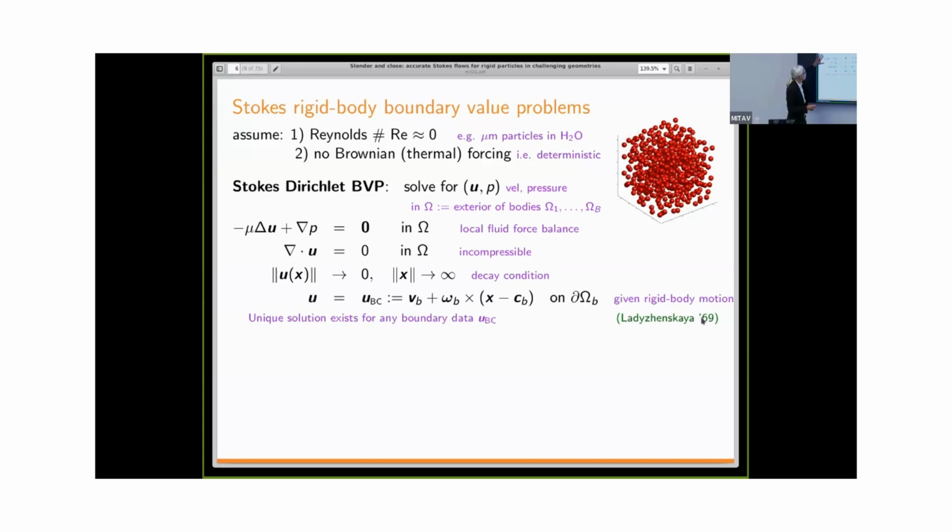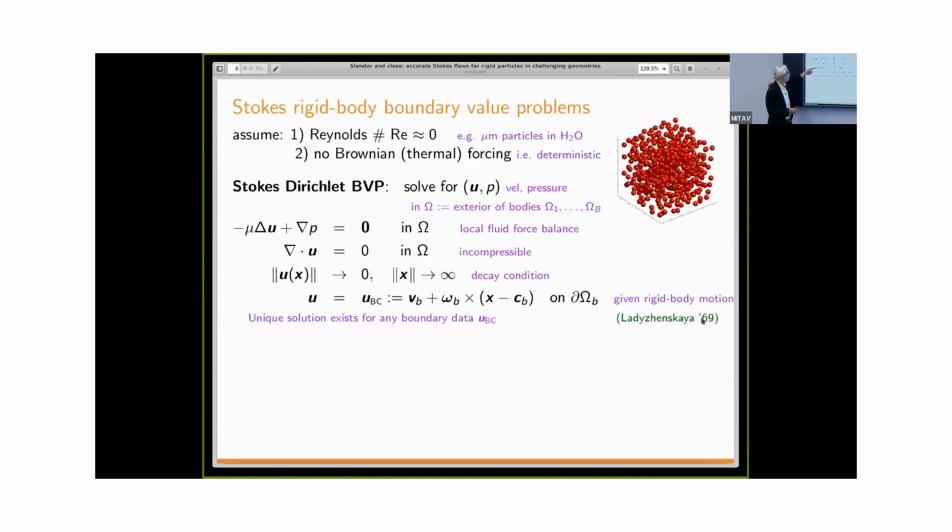So the boundary value problems. We want to solve for the velocity and the pressure. P is the pressure field. U is this vector field for the velocity of the fluid. In the exterior of all of these bodies, you have the local force balance, which is the Stokes equations, which I guess includes incompressibility.